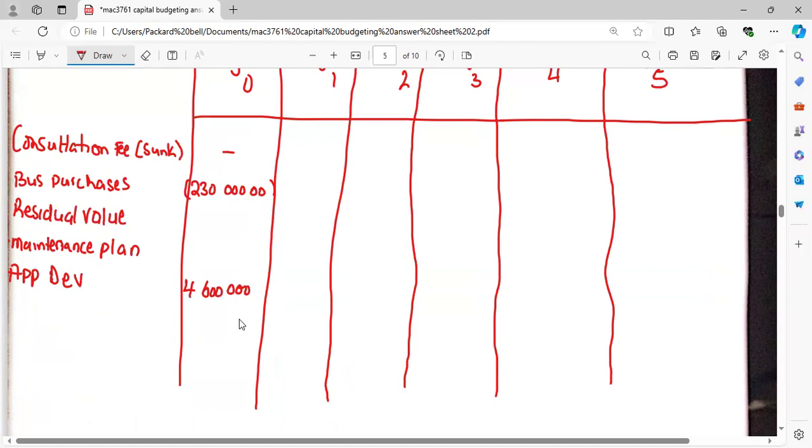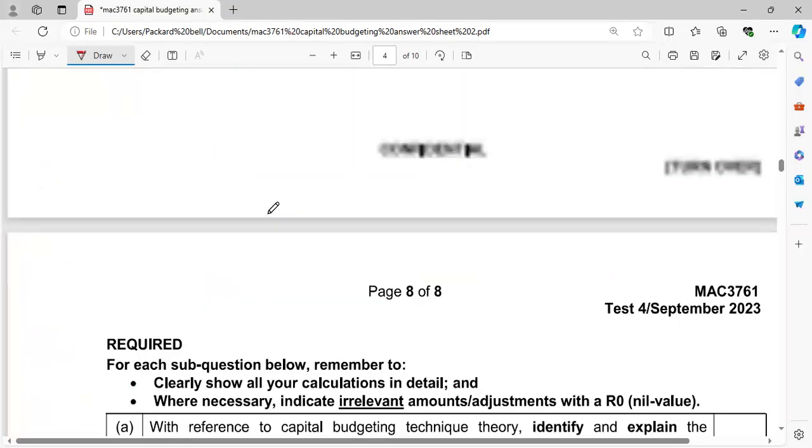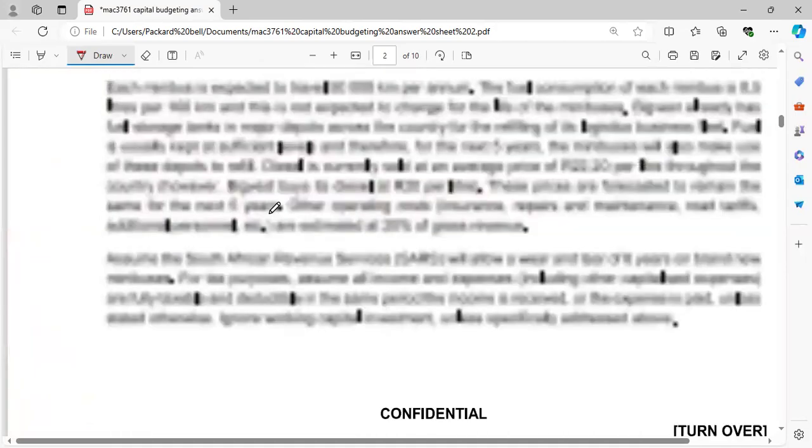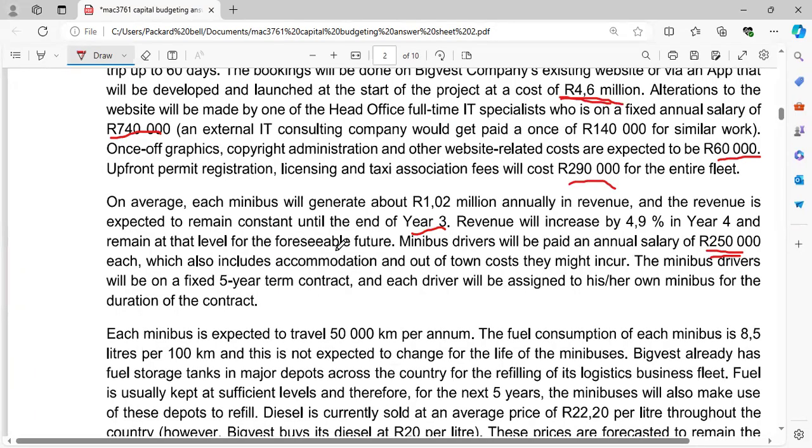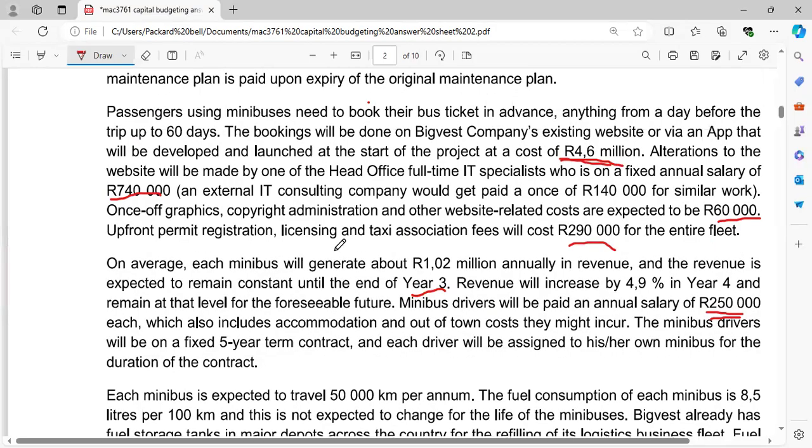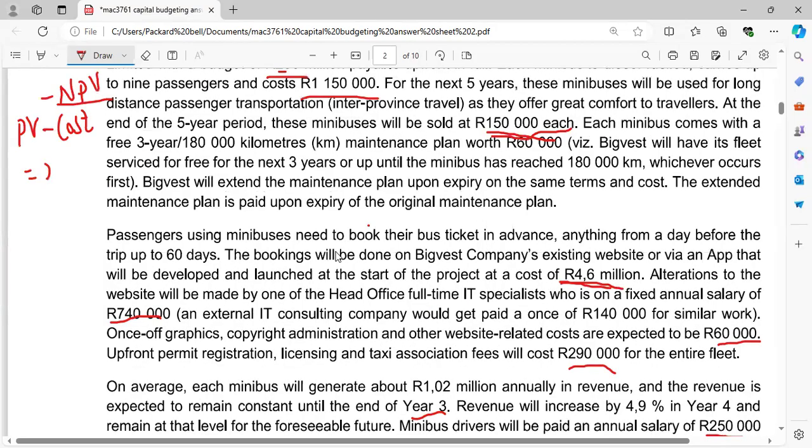So this is going to be capital expenditure, right? So let's continue and see anything else that we need. So this is how you answer your question. These things are not even complicated, Mike. What is important is to know what you want from the scenario.